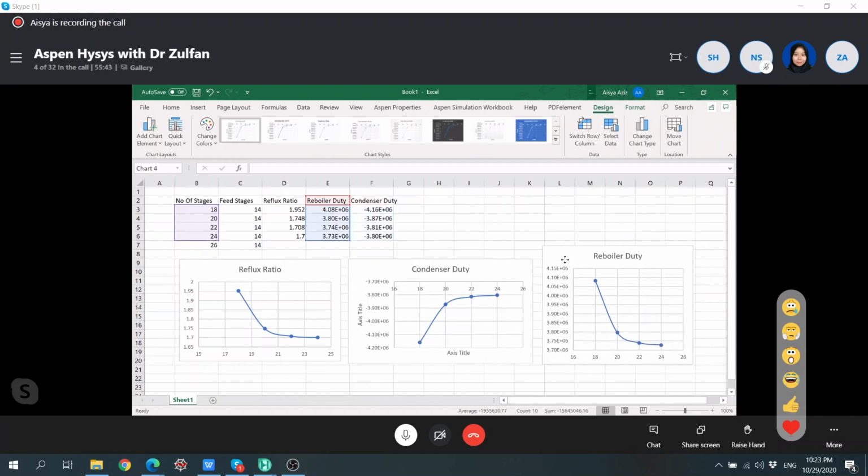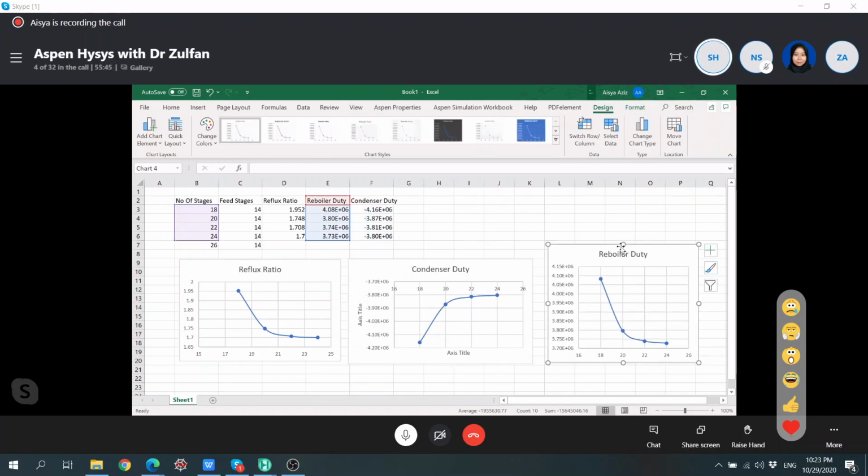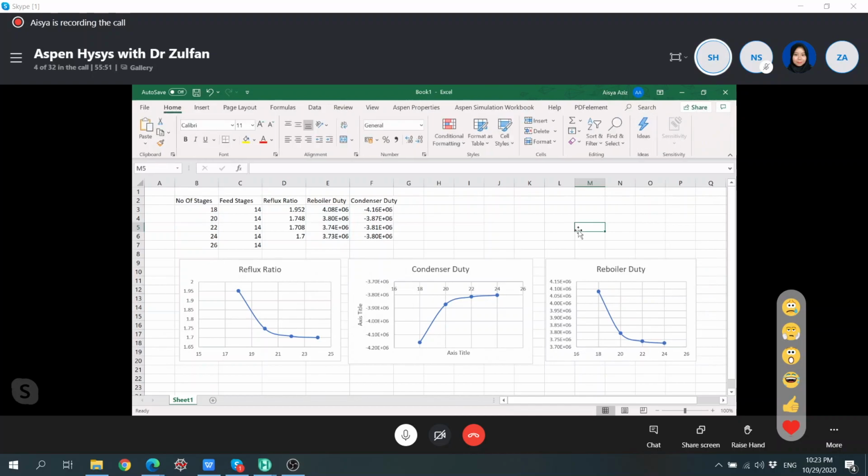For the sake of simplicity, we're not going to account for the size of the reboiler and condenser, only the size of the column. So we need to know the price if we add 1 or 2 stages, as a function of the number of stages.